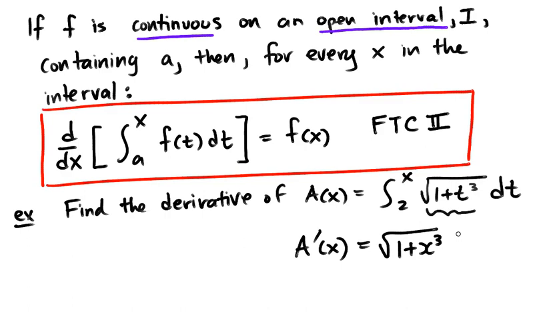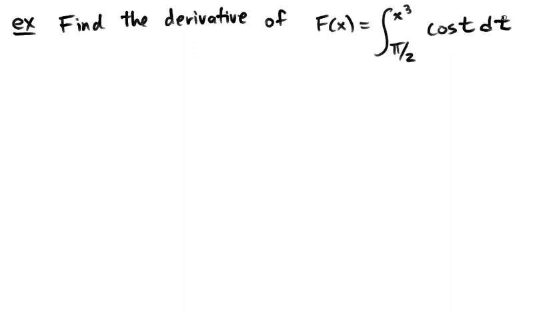This does get a little bit more difficult, of course, so let's take a look at another example where it isn't quite as straightforward. The derivative of this function, which is a definite integral from pi over 2 to x cubed of cos t dt, and you would think that using the fundamental theorem of calculus part 2 we could simply get cos x.